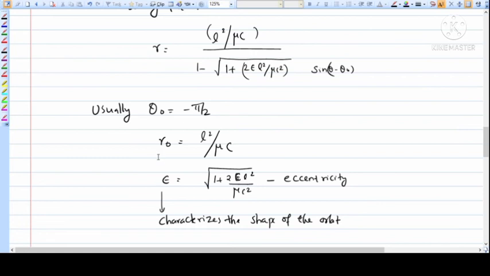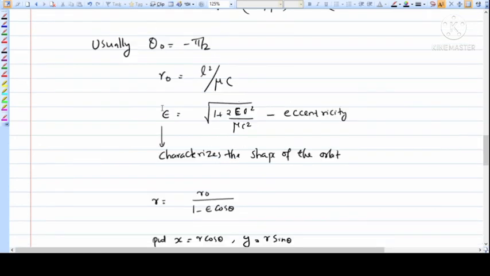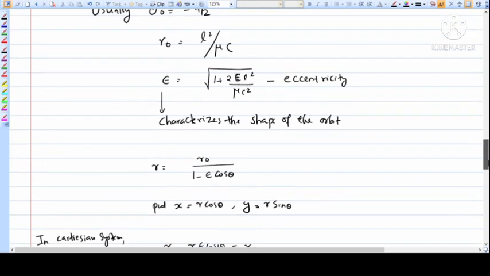You do this integration and you will get sin inverse of mu c by r minus L square divided by r into root of m square c square plus 2 mu E L square. Or you can rearrange this term. This is sin inverse, and you put the sin inverse here, you will get sin of theta minus theta 0, and rearrange, and you will get an equation like this.